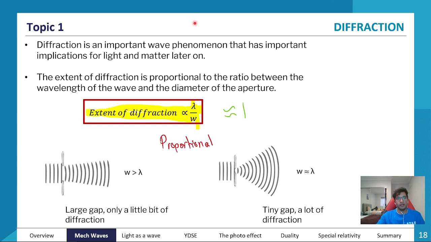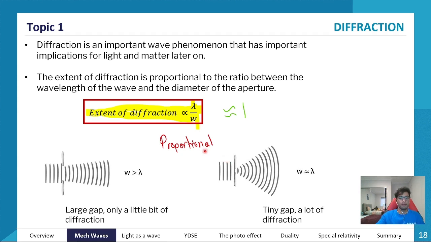And when the wavelength and the width are of equal value, the ratio is going to be close to 1. And when that happens, you're going to get maximum diffraction. Again, diffraction being how much the wave spreads out. And so when the ratio is near 1, the spreading out of the wave is going to be maximum.